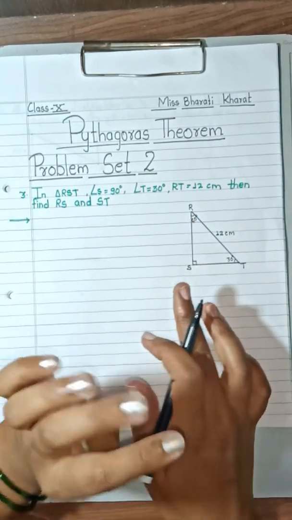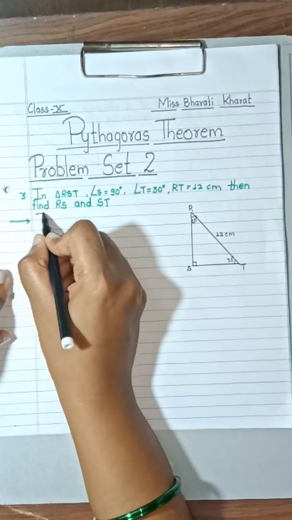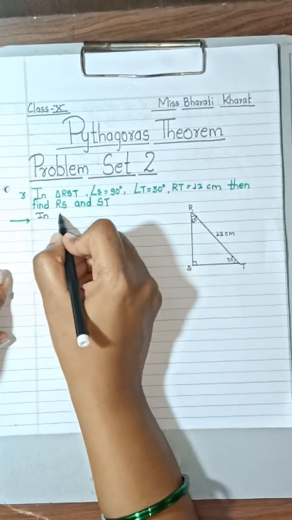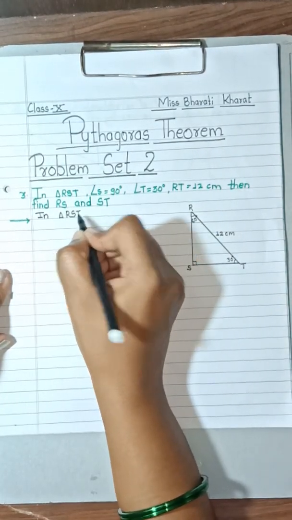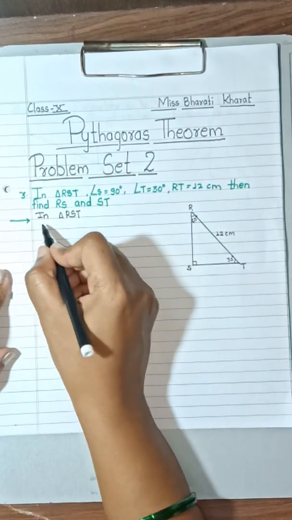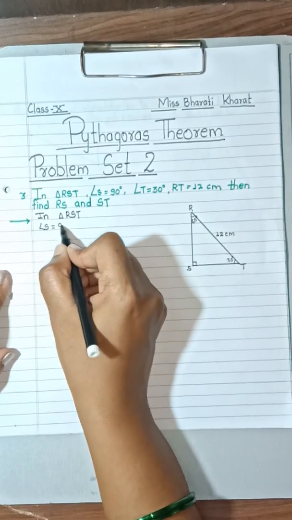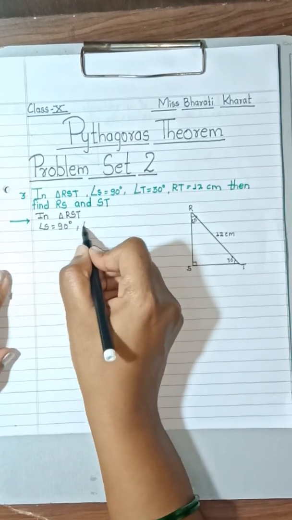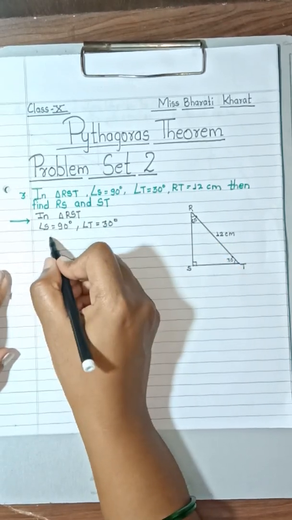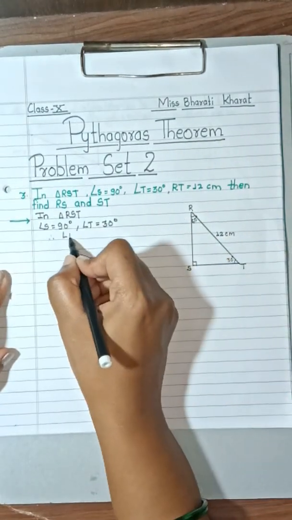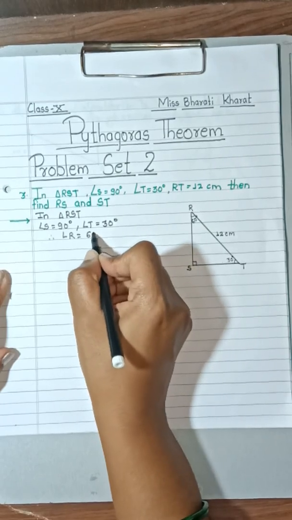Now we'll write down the solution. In triangle RST, angle S is equal to 90 degrees, angle T is equal to 30 degrees. Therefore angle R will be 60 degrees.